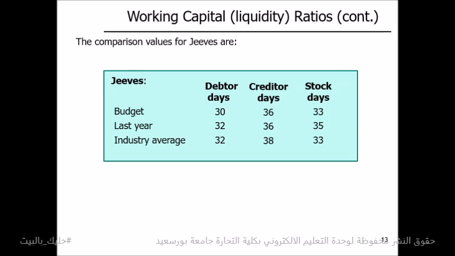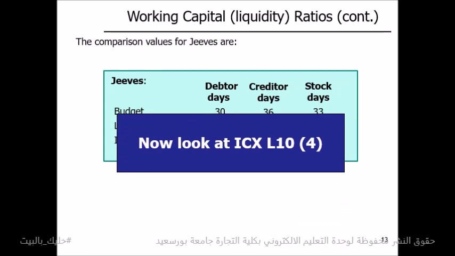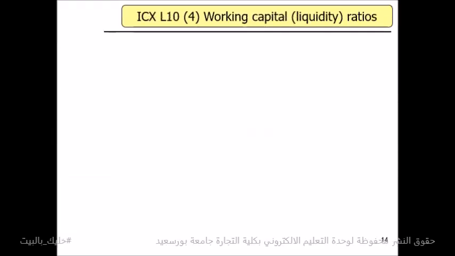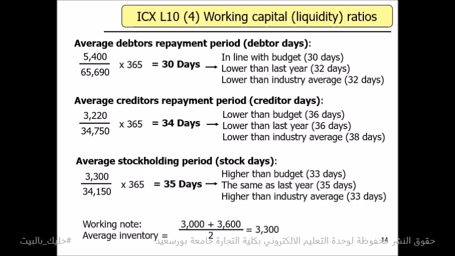So moving on, page 124 in your book. Look at in-class exercise 4. In class exercise 4, he calculates the three main ratios for the liquidity ratios. The average debtor repayment period is equal to 30 days. How does he calculate the 30 days? It's equal to closing receivables divided by sales multiplied by 365.